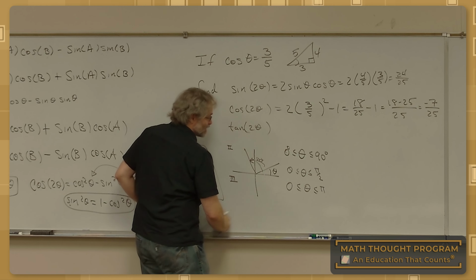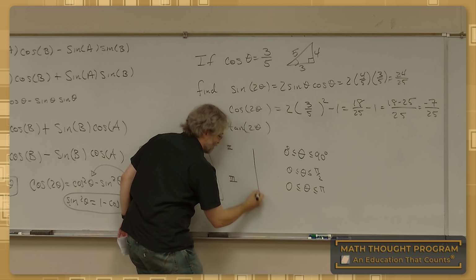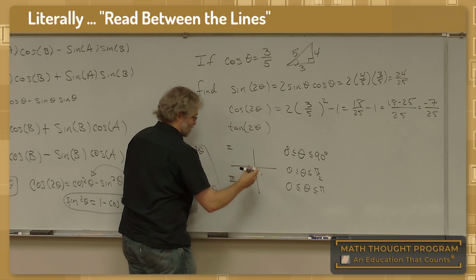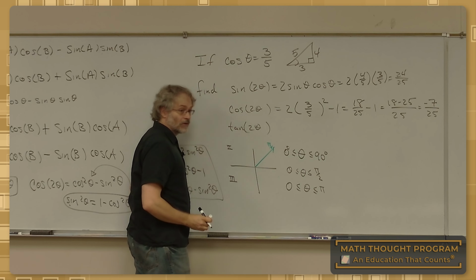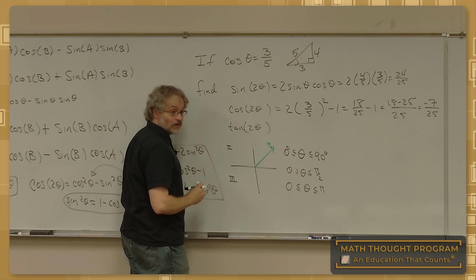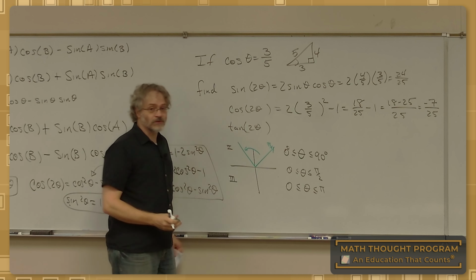So what that's saying here, in a very implied way, where you have to read between the lines, here's your 45, pi over 2. Anything in this region, when you double it, it's going to throw you over into the second quadrant.